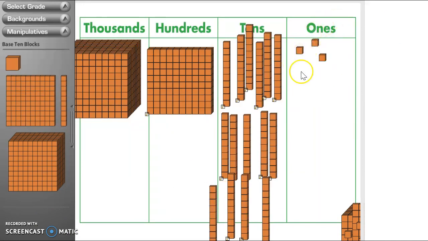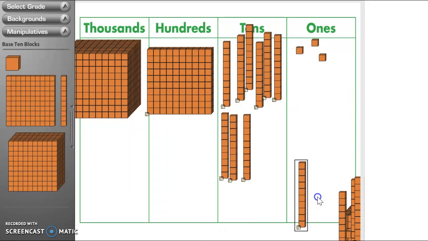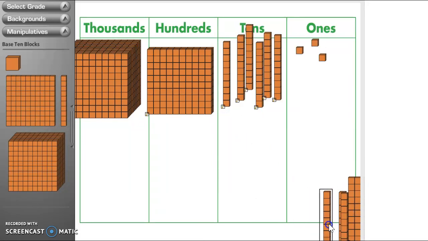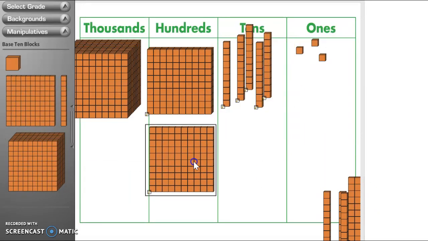I don't have any more to do that again. So now I need to do the same with my 10s to make a group of 100. 1, 2, 3, 4, 5, 6, 7, 8, 9, 10. Perfect.